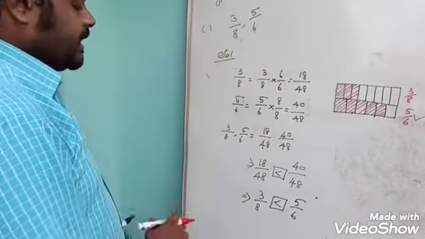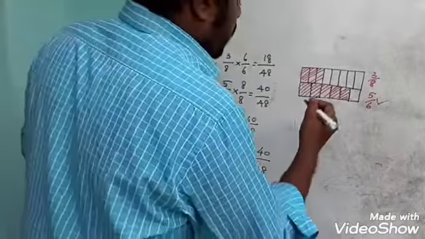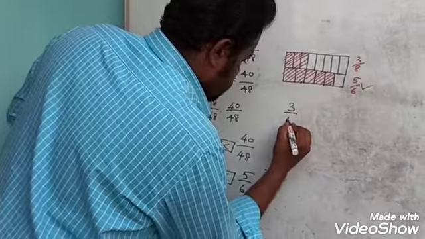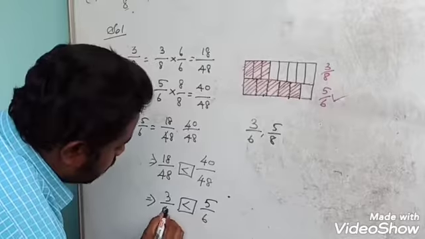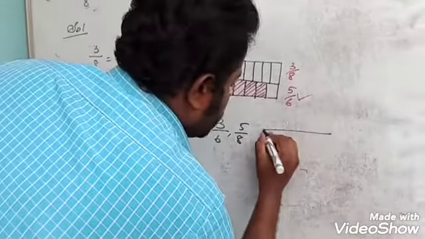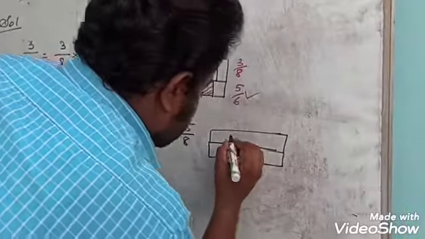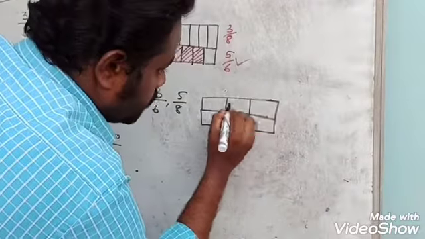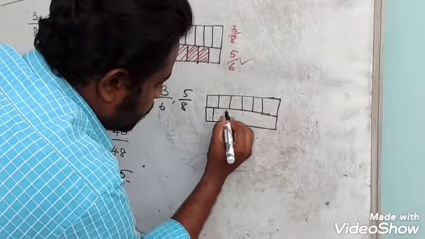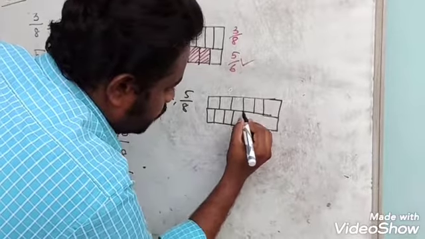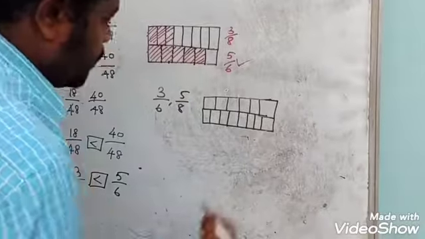Otherwise 3 by 6 and 5 by 8. In the same manner I will check with the box method only. 3 by 6, comma, 5 by 8. The question comes different. So in the same manner we take two boxes and split the first one into 6 and the second one into 8 equal parts: 1, 2, 3, 4, 5, 6, 7 and 8 equal parts.